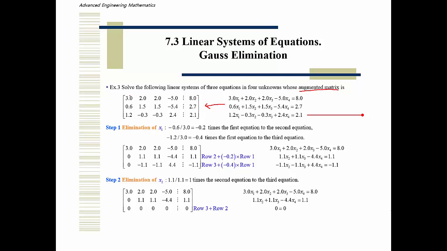The coefficient matrix is here and the right hand side is here. To solve this problem, as a first step, we have to eliminate x1. Firstly, we can select a pivot, with the pivot term and elimination term like this.